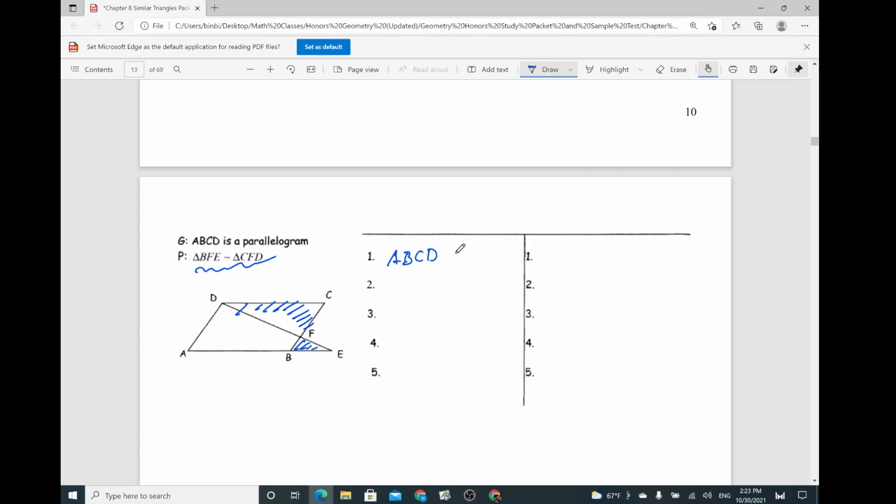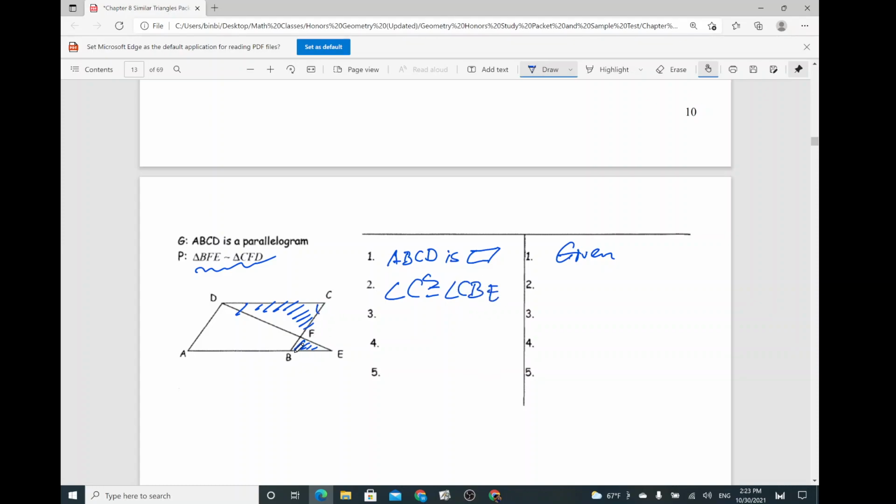So we can start off with the given. Using the properties of a parallelogram, we notice that angle C is congruent to angle CBE.